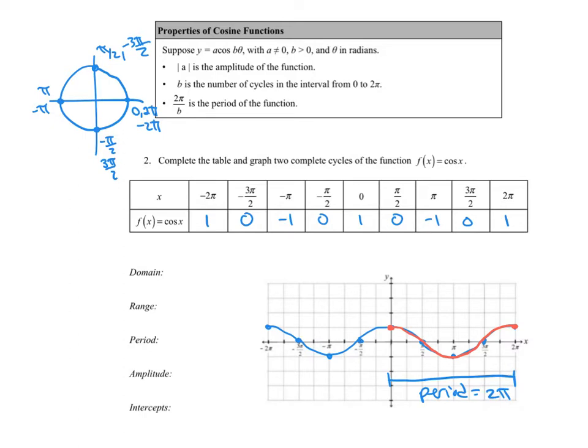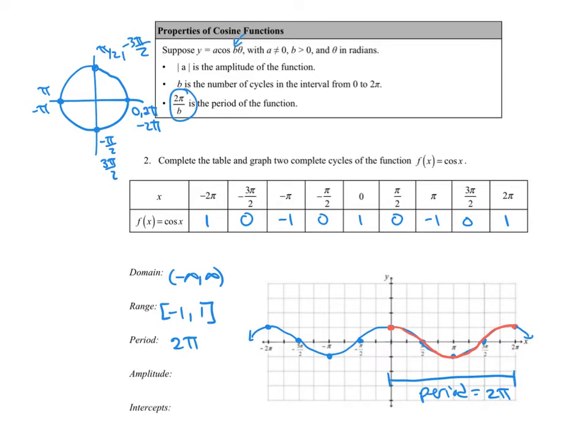The domain of this function is still all real numbers. It will keep going, keep squiggling to the left and to the right, so negative infinity to infinity. The range for this function is also negative 1 to 1. The period is 2 pi. And again, we're going to use 2 pi over b to find the period in general.